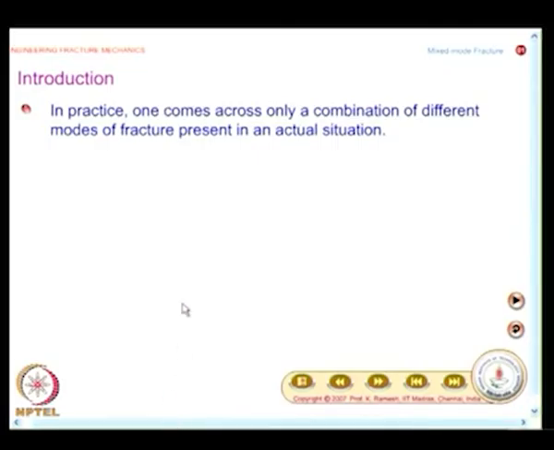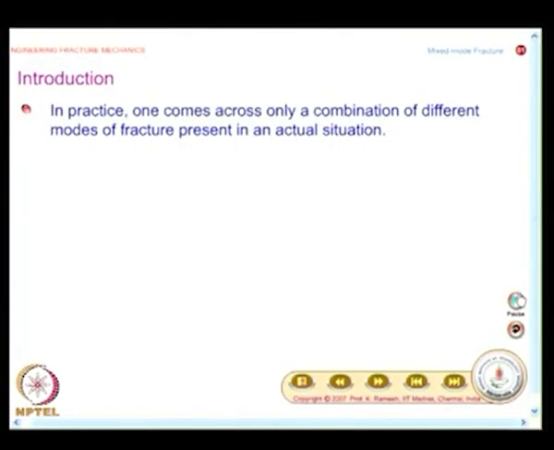Now, we move on to our next topic, mixed mode fracture. See, we have paid quite a bit of attention to mode 1 analysis, but actual problems that you come across do not have only mode 1 loading.